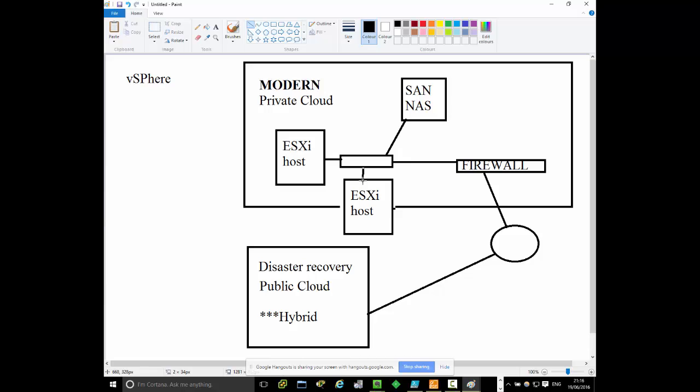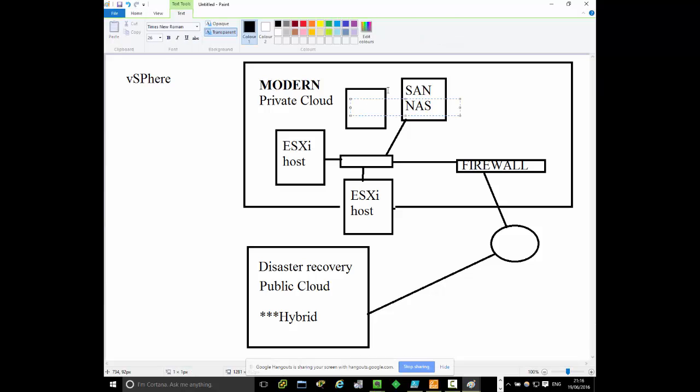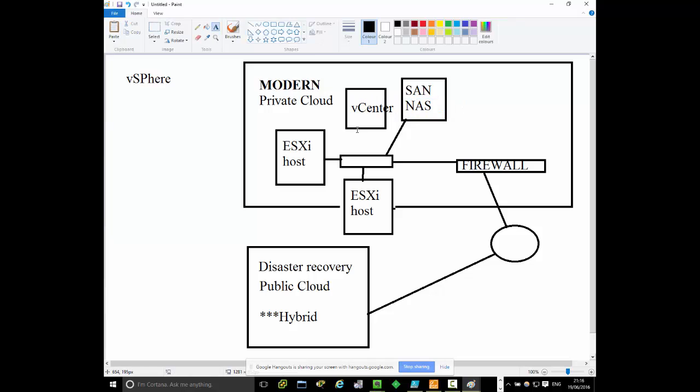Now you have to manage them, and you don't want to manage this one separately and that one separately. So what you typically do is buy this other product, the VMware vCenter Server, which is a standalone product. Whenever you buy ESXi Standard, Enterprise, or Enterprise Plus, it doesn't include vCenter. vCenter is a standalone product by itself. Then you buy VMware vCenter, and you can use it to manage this ESXi host and this ESXi host.